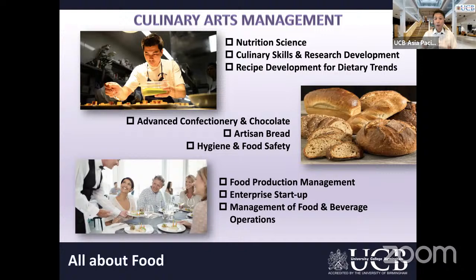And all this food will need to be produced in a kitchen. And from the kitchen to the outlet selling the food will take some time, because of the distance, it could take maybe up to 1 hour or 2 hours to bring from point A to point B. So how do you ensure that the freshness of the food is still there?